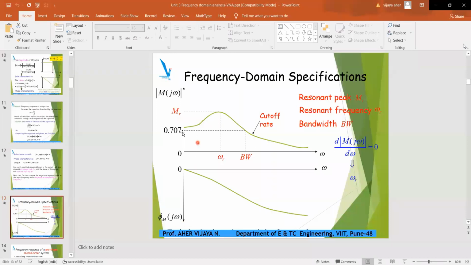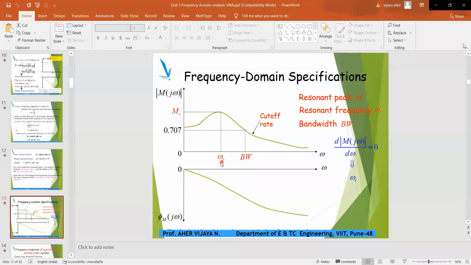For example, this is the plot for a low pass filter. This point is your resonant peak, the maximum value of the response, the peak value, represented as M_R. This level is 0.707 of the maximum peak value, and this is your cutoff rate, the rate at which your response is decreasing.